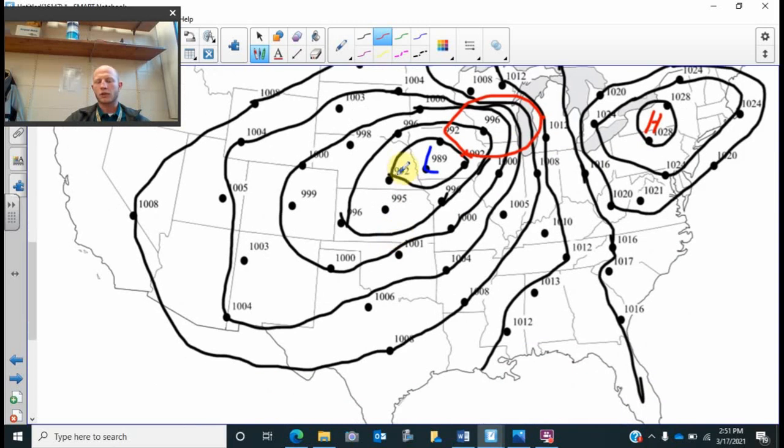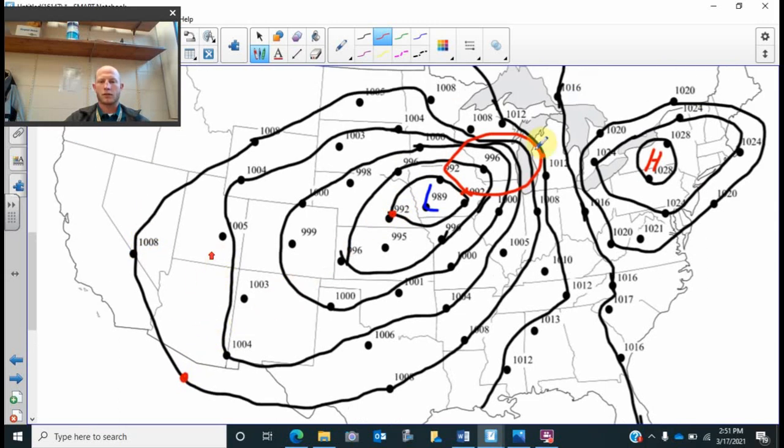How come they're not over here? Well, let's look at the difference between, if I look at this point on 992 isobar, and then I place my second point all the way out here on this 1008, right? So here's the 1008 for that one, for the great wind side, but then here's the 1008 all the way over here. So what's going on here is there's the same pressure drop off, except that pressure drop off lasts for hundreds and hundreds, maybe even 1,000 miles or more.